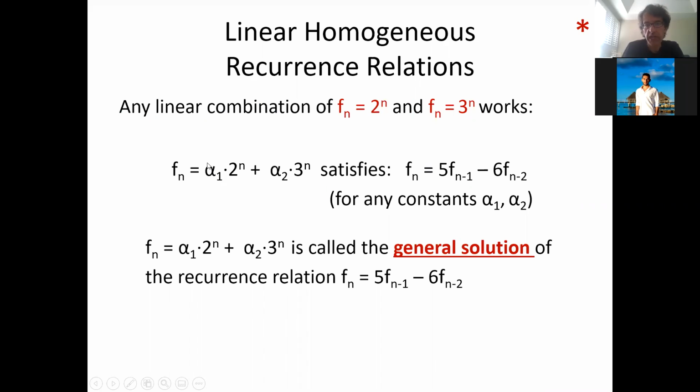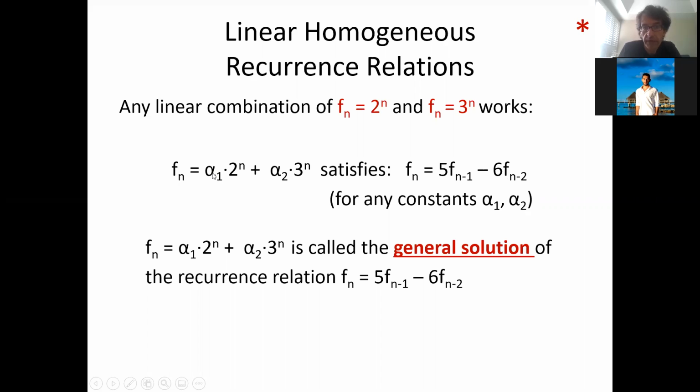So take any constants, alpha 1, alpha 2, and combine these two solutions in a linear way like this. That function also satisfies this recurrence relation, for any constants alpha 1, alpha 2.